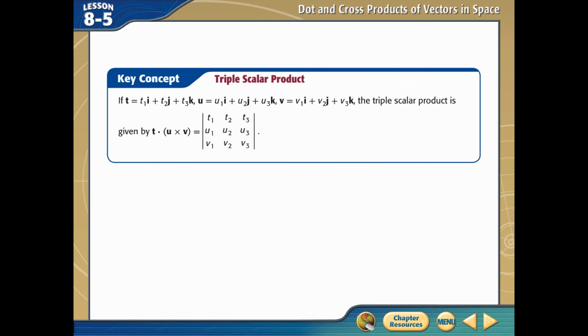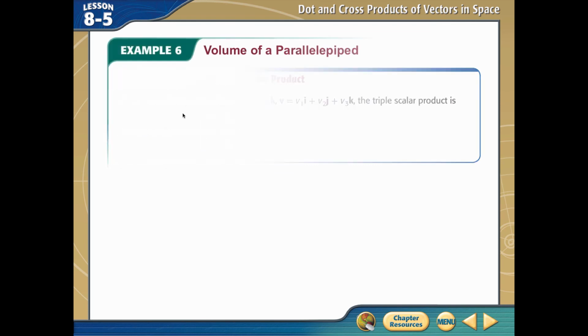Okay, now a triple scalar product is if you have 3 vectors that represent 3 sides of a parallelepiped, which is basically like the erasers that you see. It's a parallelogram in 3 dimensions, basically. It is the T dot U cross V, which rather than putting an IJK, you put T1, T2, T3 up here.